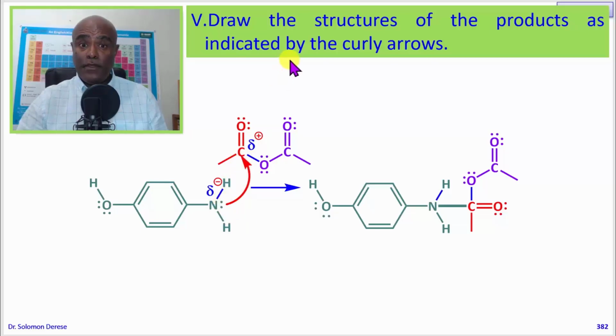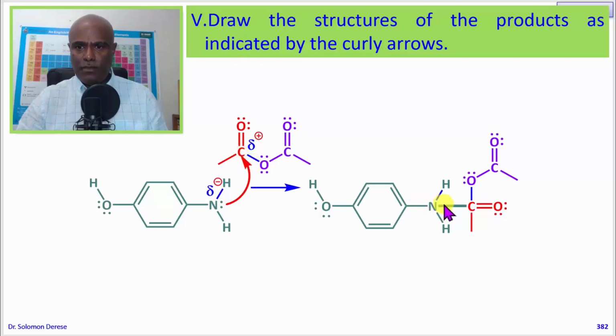So the fifth step is about drawing the structure of the product as indicated by the curly arrow. The curly arrow indicates we should draw a bond between this nitrogen and the carbonyl carbon.